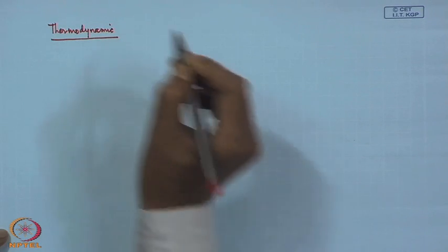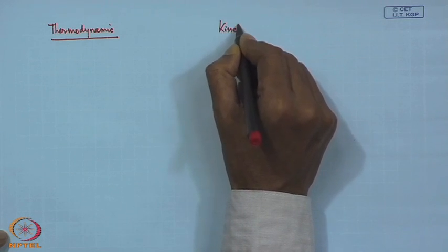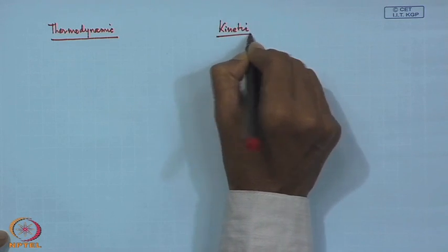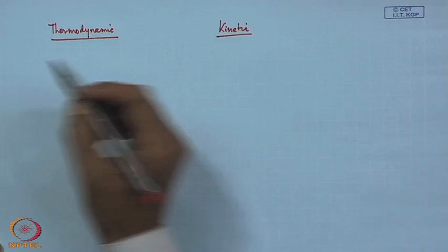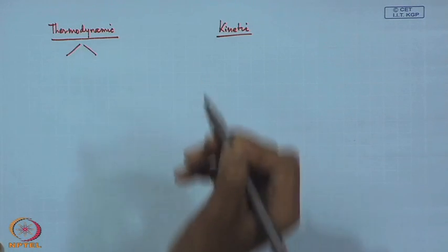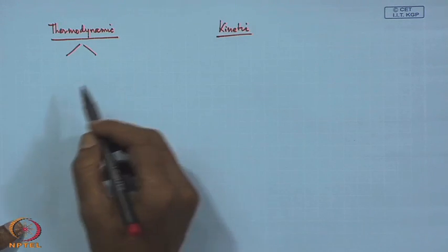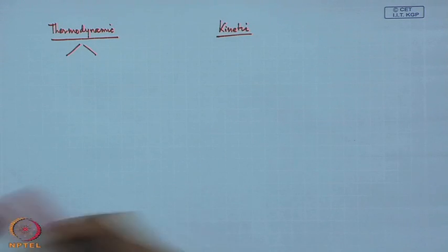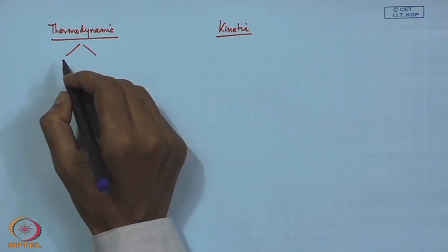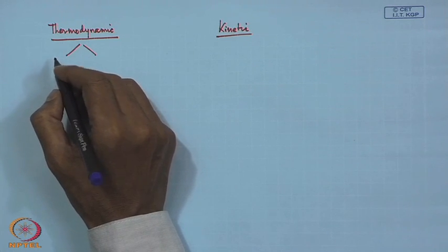So, the thermodynamic quantity for the reaction and the kinetic quantity for the reaction are of two types. In terms of the corresponding K values, once we face the formation constant, if the magnitude of the formation constant is pretty high, we can say that the corresponding stability of the complex is also very high.